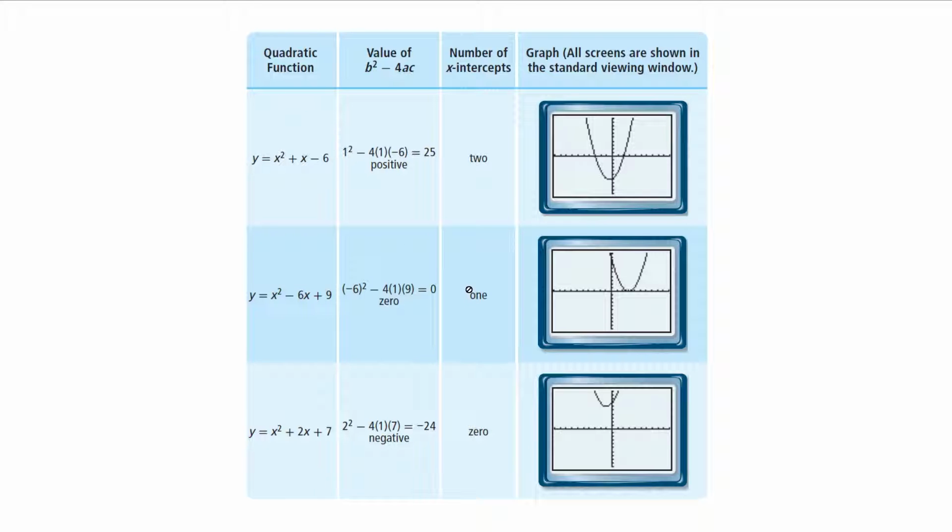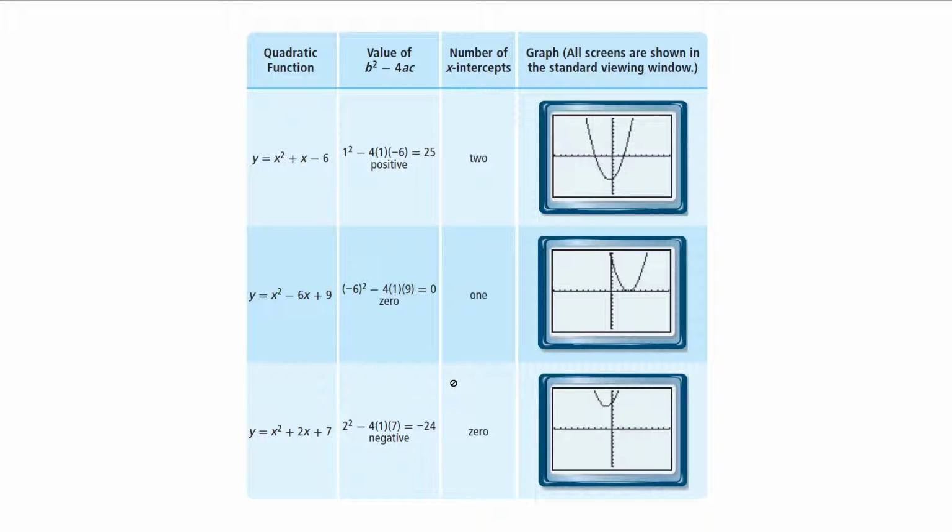We can see it crosses the x-axis twice. In this next function we can see it has one real solution. And in the last one, no real solutions to the equation. So it doesn't cross the appropriate axis at all.